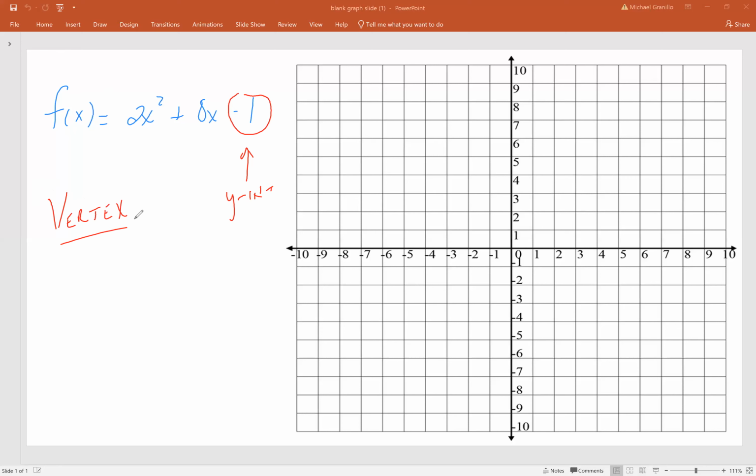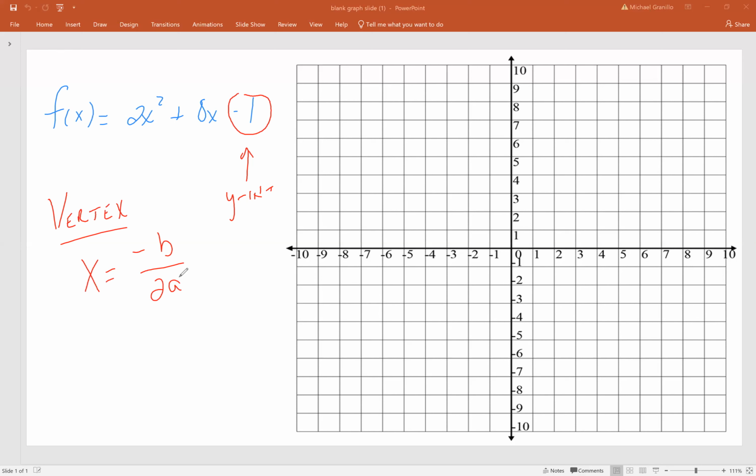And the nice thing is, remember how we had the quadratic formula when we were solving quadratics, negative b plus or minus the square root of b squared minus 4ac all over 2a? Well, we have another little formula. It's much smaller, and it's also kind of familiar. The x value of the vertex can always be found with this little formula right here: negative b over 2a.